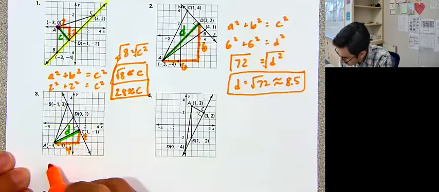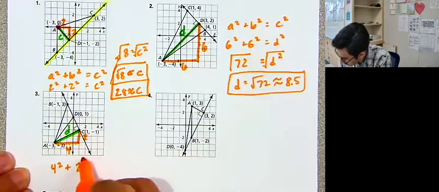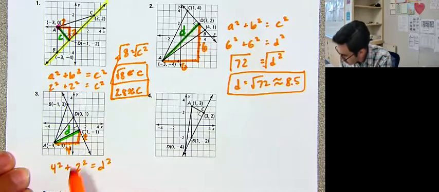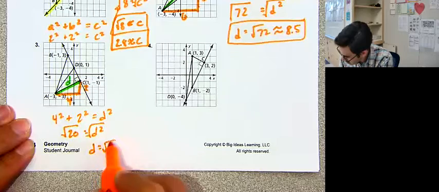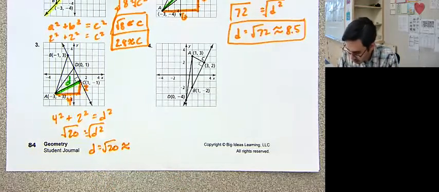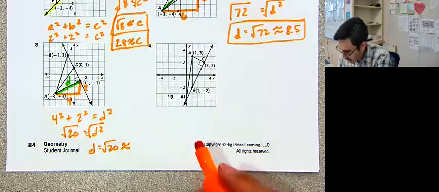So 4 squared plus 2 squared equals d squared. That's 16 plus 4, so 20 equals d squared. Square root both sides, and d equals the square root of 20, which is approximately 4.5.